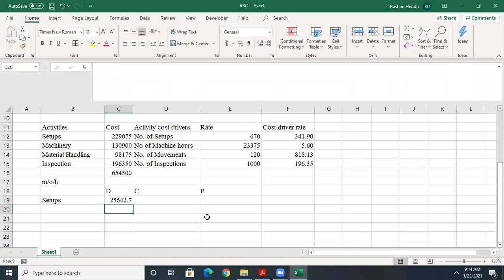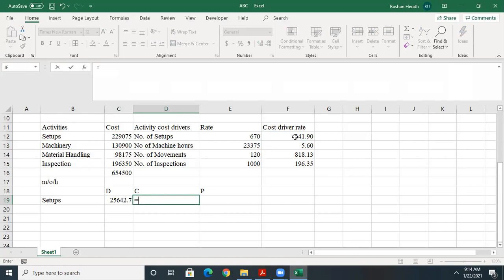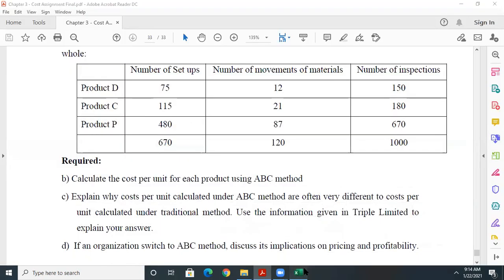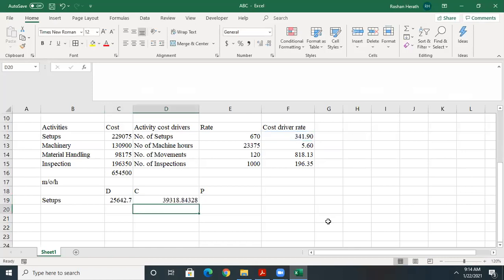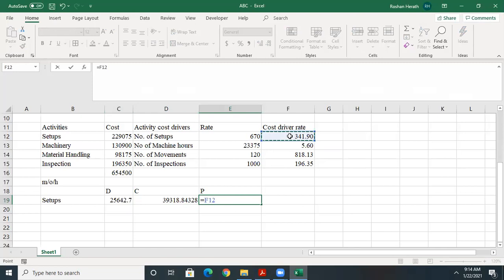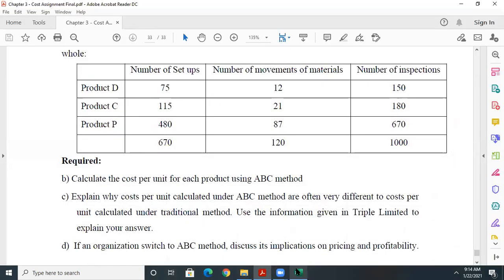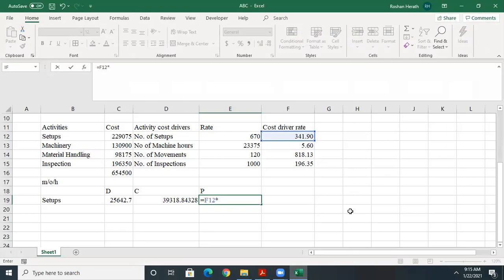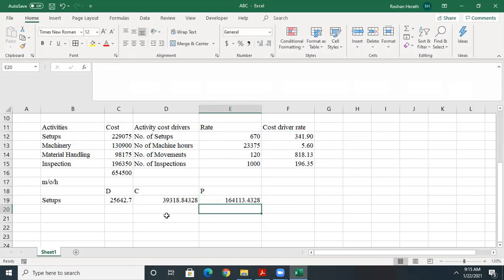Okay, taken. Then we have product C. How many setups? You have performed 115 setups. And here you have this into 480. Okay, so this is it.